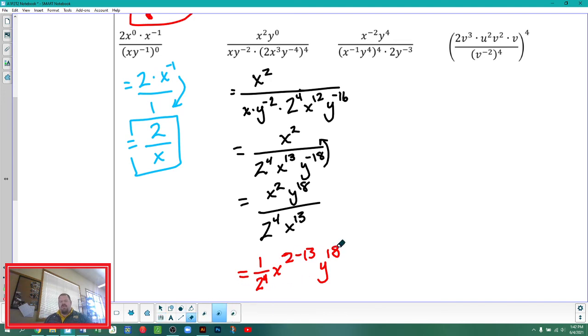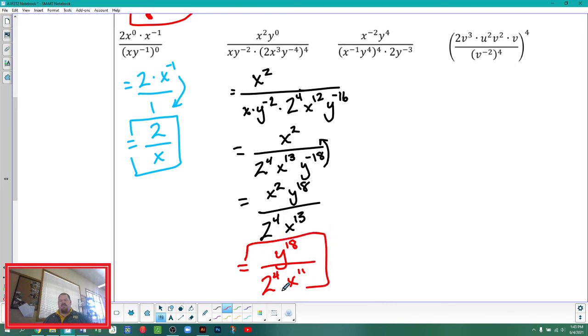So I kind of use quotient rule here, but I use it a little bit differently. I use it kind of backwards, and I think that there are more x's on the bottom. So I'm going to think about 13 minus 2, and I'm going to write it on the bottom. So I'm going to have y to the 18th on top, and on the bottom I'm going to have the 2 to the 4th, and 13 minus 2 is 11, so I have 11 x's on the bottom.